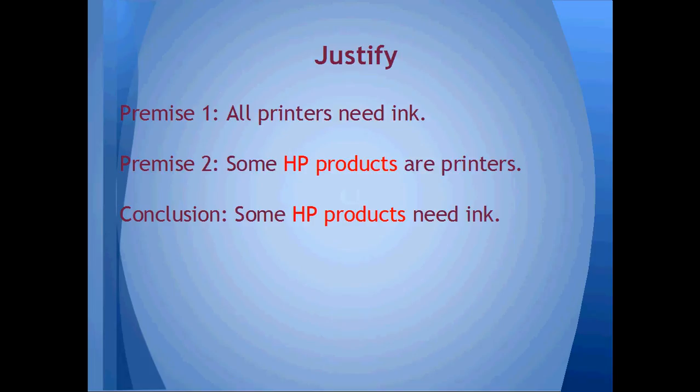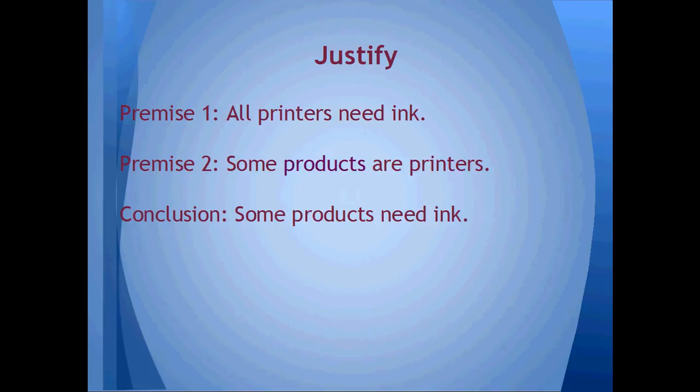In which case, there's a better chance that the audience knows exactly what you're talking about, assuming that they know what Hewlett-Packard products are. Whereas if you just say products, they don't really have any idea of exactly what you're referring to when you say products. And that's one example to illustrate the value of having precise terms in an argument.